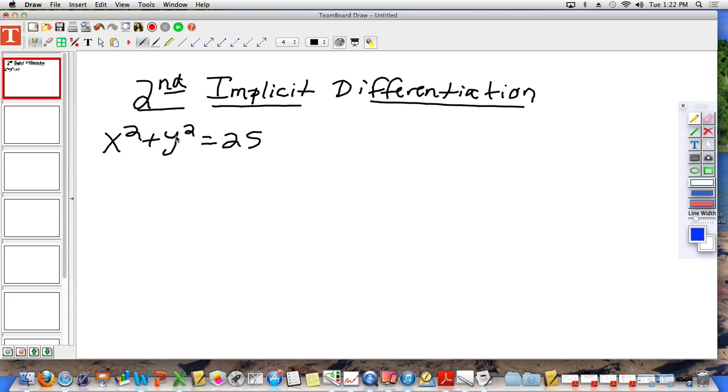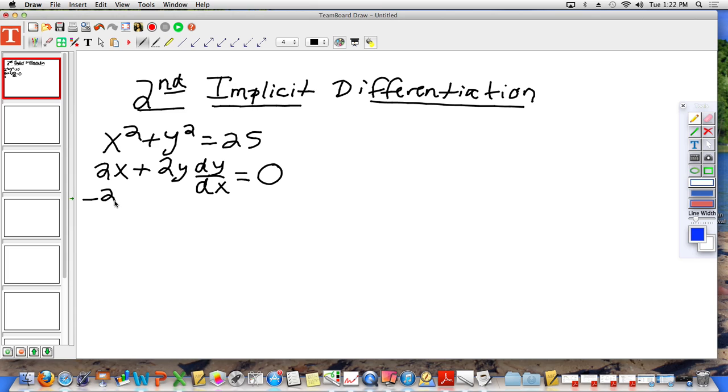Same rule as before. So what is the derivative of x squared? It is 2x. Plus, the derivative of y squared is 2y dy dx, is equal to, what's the derivative of 25? 0. All right, got to solve for dy dx.